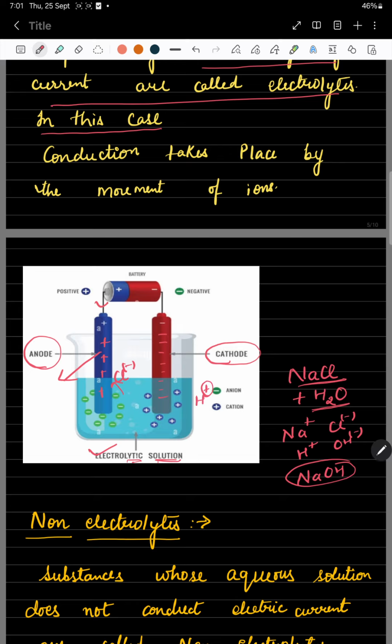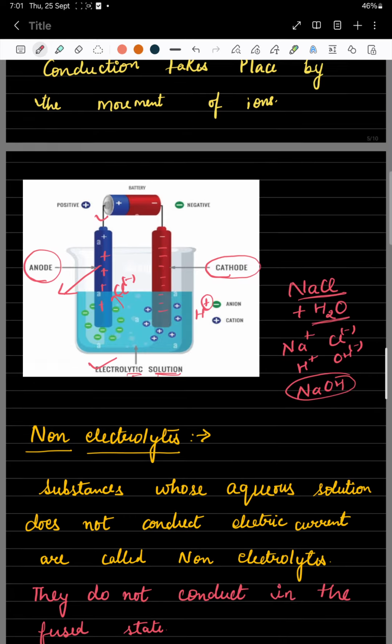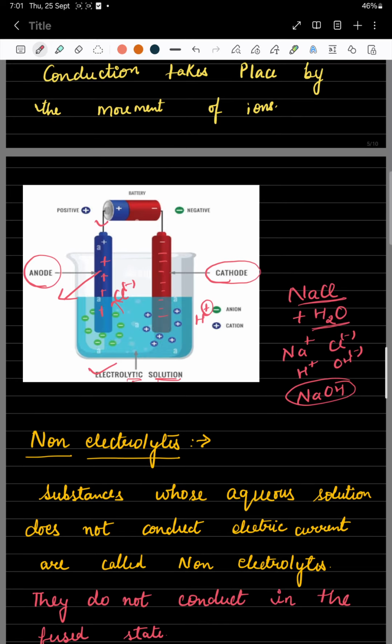Now some students would ask, why ma'am are Na plus and OH minus not going there? There is some reason behind that, which we will study under the products of electrolysis in further lectures, so don't worry about it. There is a concept behind this. Here we need to only understand the electrolytic conductors.